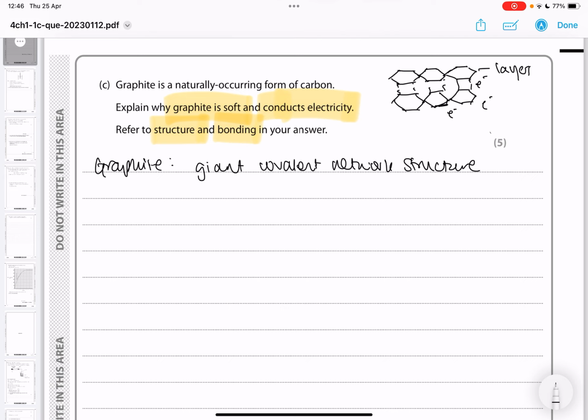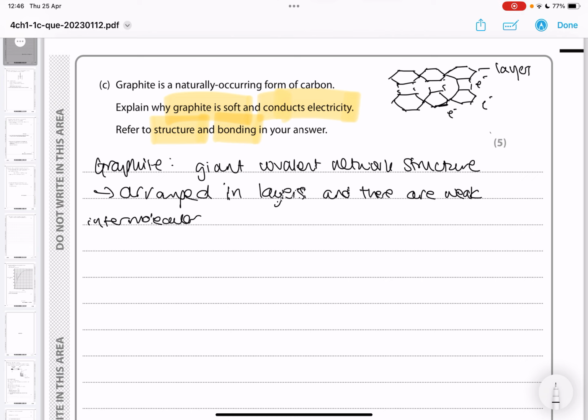So graphite is a giant covalent network structure, but it's arranged in layers. Arranged in layers, and there are weak intermolecular forces of attraction between the layers.